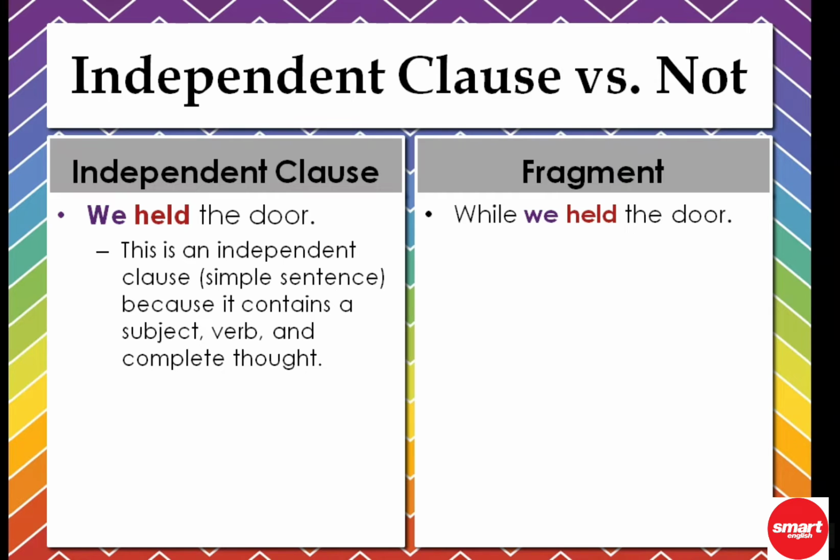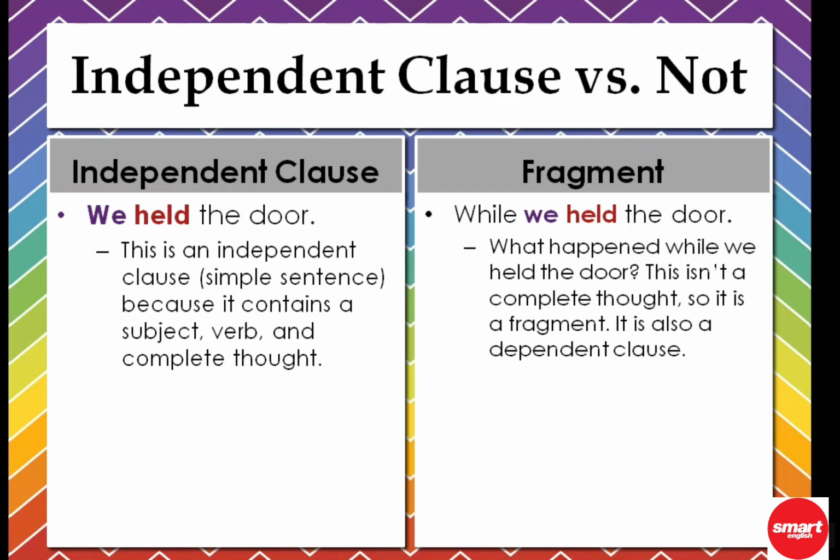Fragment means a part taken away from a sentence. So what happened while we held the door? That would be a complete thought. So how do we fix the fragment problem here? Don't forget that the fragment is a part taken away from its sentence.